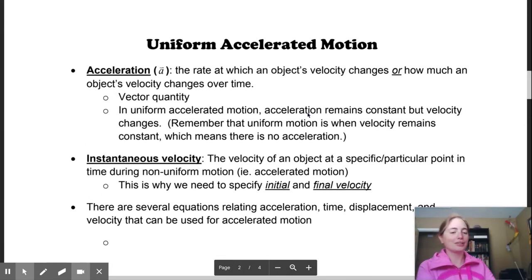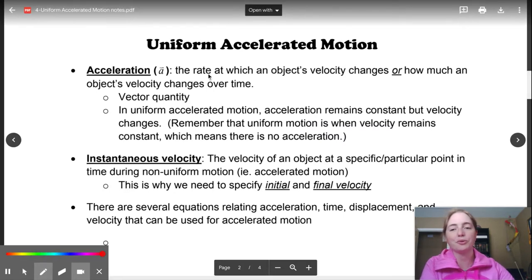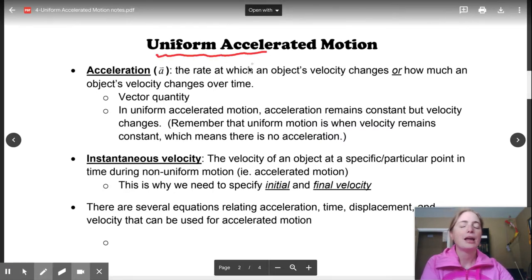Alrighty-o. So let us look, ladies and gentlemen, at our formal definition here of uniform accelerated motion. Now, the key word uniform accelerated is in and of itself rather misleading because our motion here is non-uniform because we're no longer covering the same distance over a same period of time.